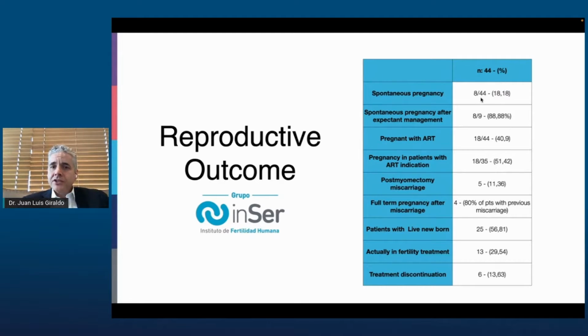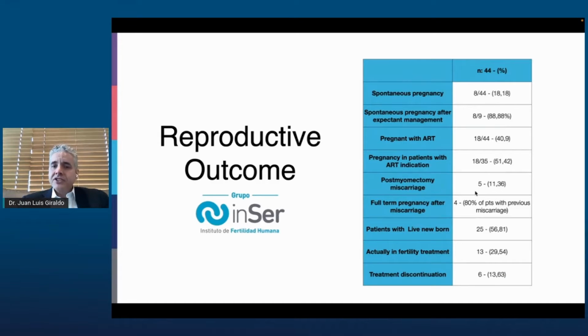Of those 44 patients, 8 had a spontaneous pregnancy. Of the patients that were managed with expectant management, 9 of them, 8 got pregnant, so that's 88% of the ones that had indication for expectant management. Patients pregnant with ART were 18 of those 44. Patients that had indications for ART and were taken to ART, 18 were pregnant out of 35, for a 51% pregnancy rate.